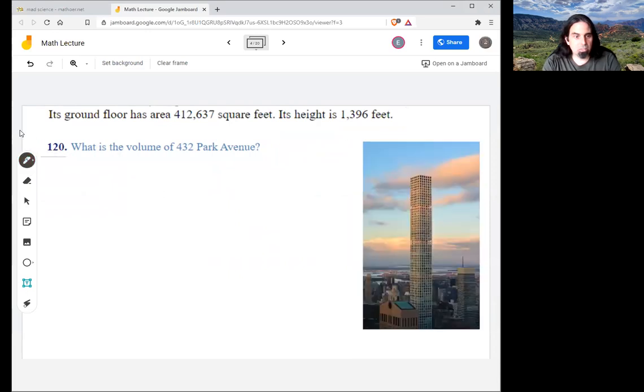All we're doing is the length times width and then times the height.